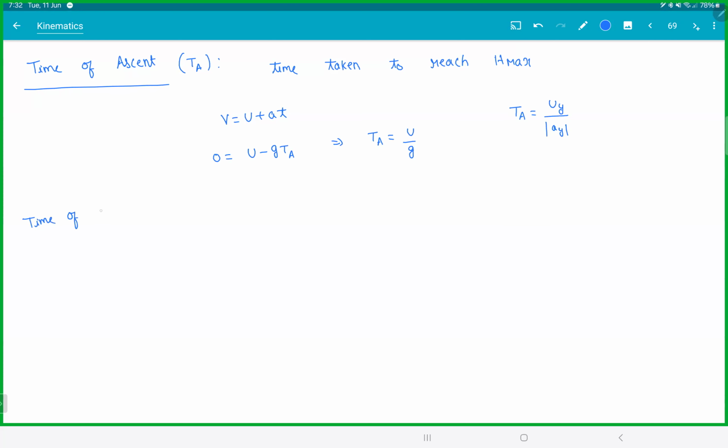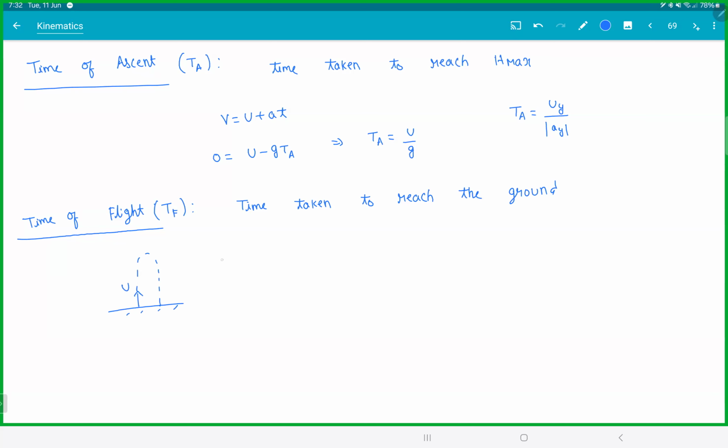And then we have time of flight. The symbol is T_F. This is the time taken to reach the ground. Now, when you throw it from ground level, you go up and you come back to the same level.